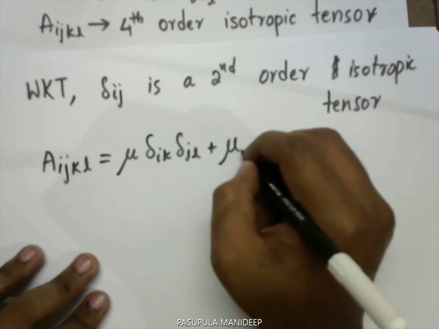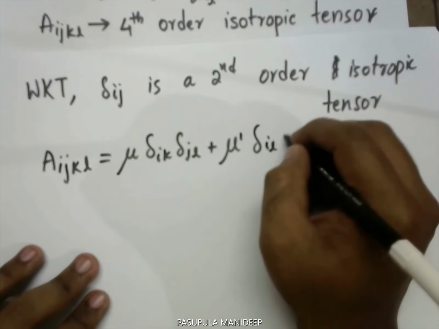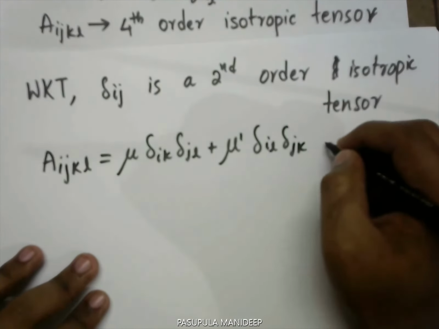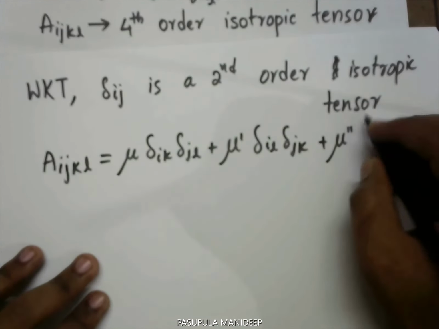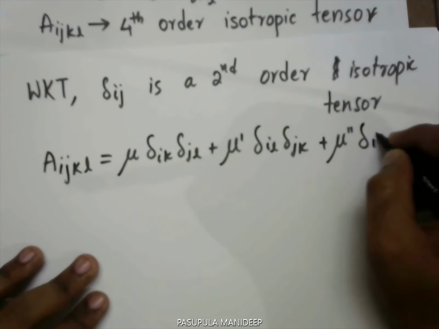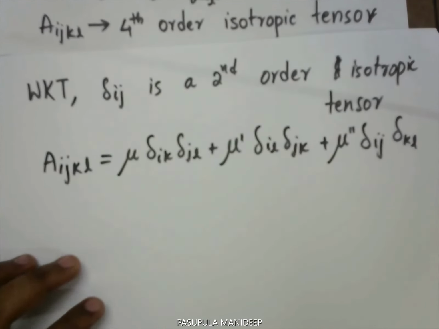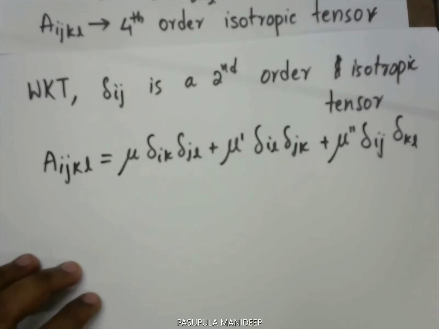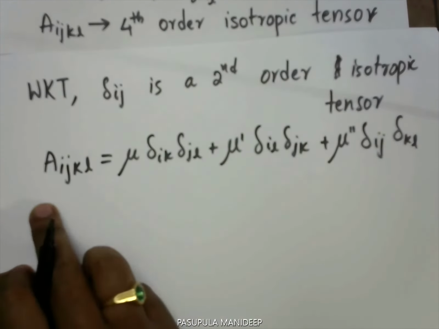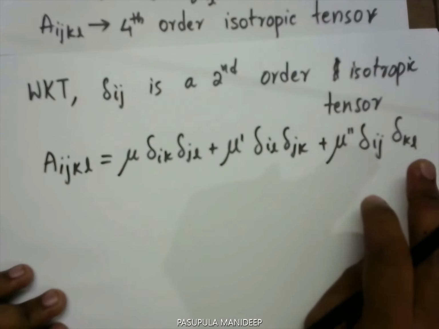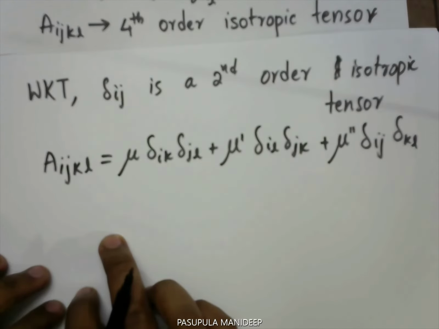I am writing all the possible combinations: delta_il and delta_jk, plus mu double prime into delta_ij delta_kl, right? This expression is a generic form of the fourth order isotropic tensor.